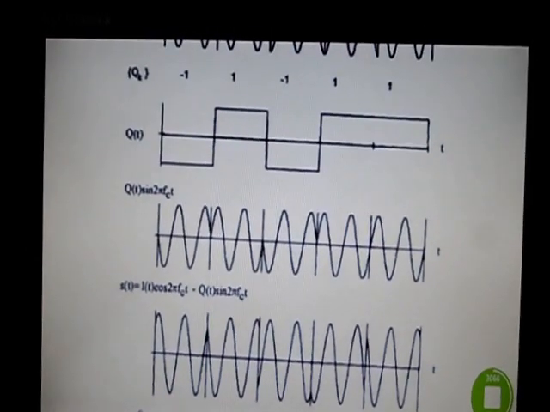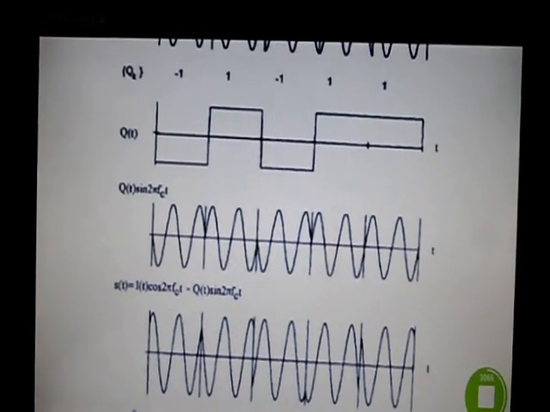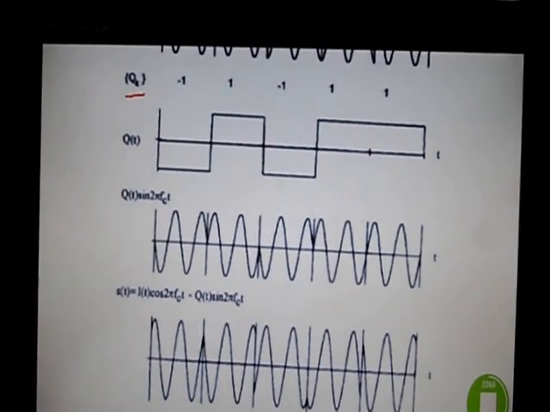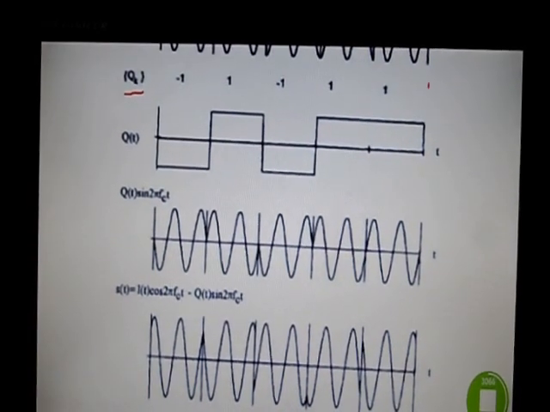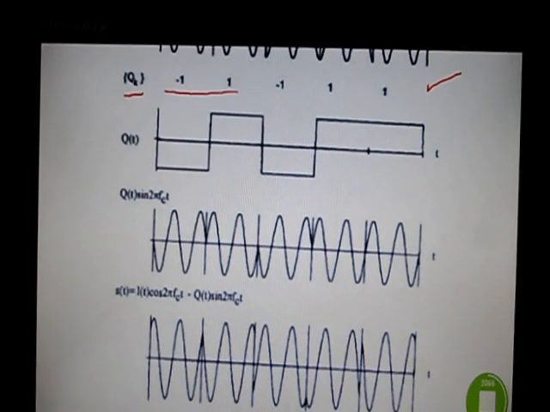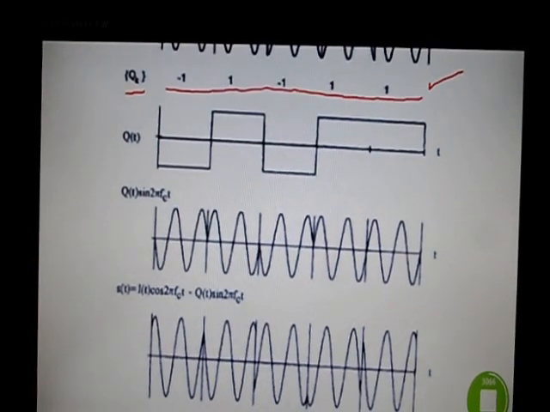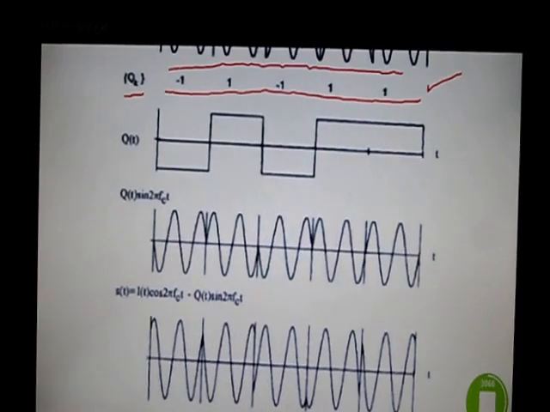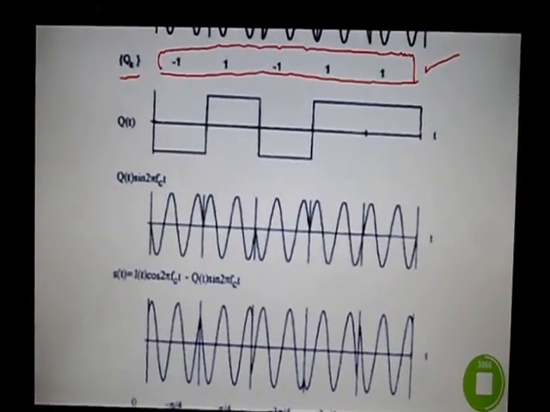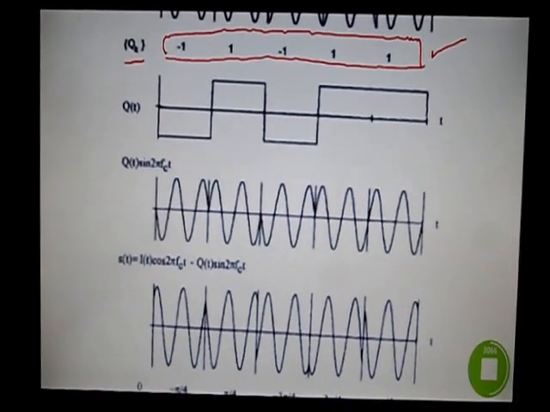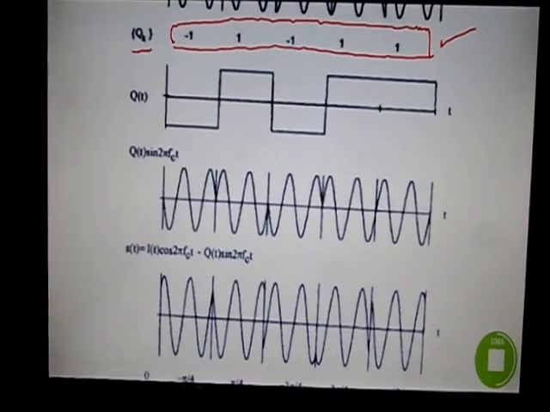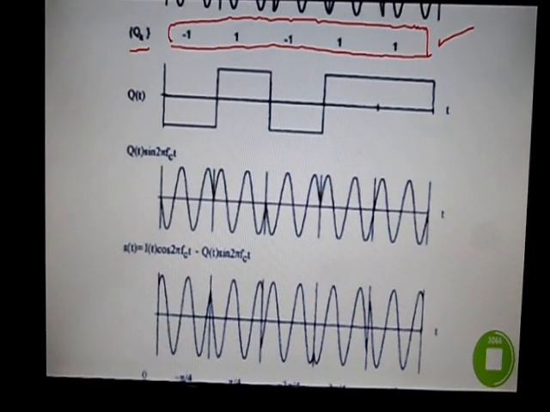Now here I have the set Q sub k, and these are the odd number of bits. Now I have the even number of bits from the above sequence: minus 1, 1, minus 1, 1, and 1 again. How is Q of t generated?